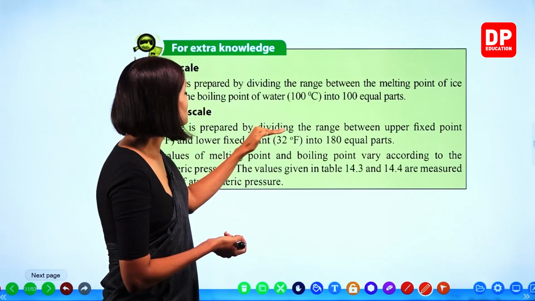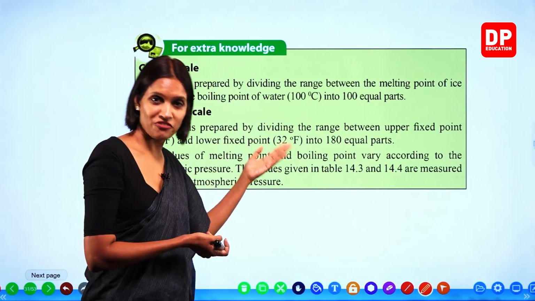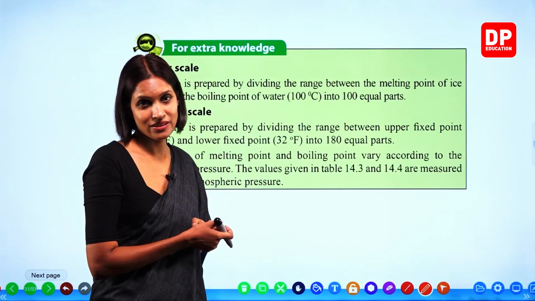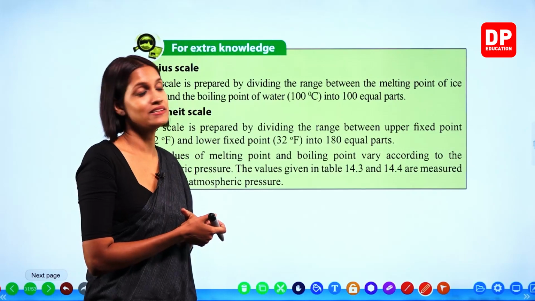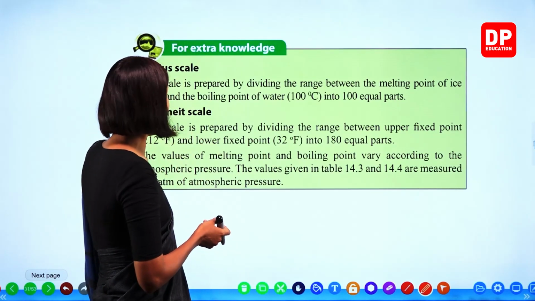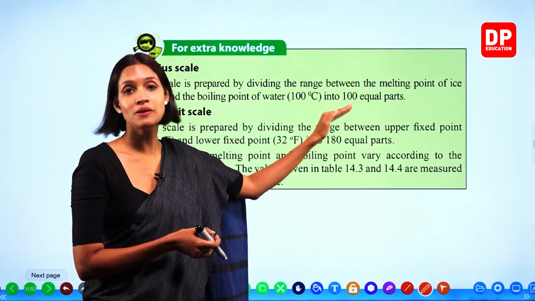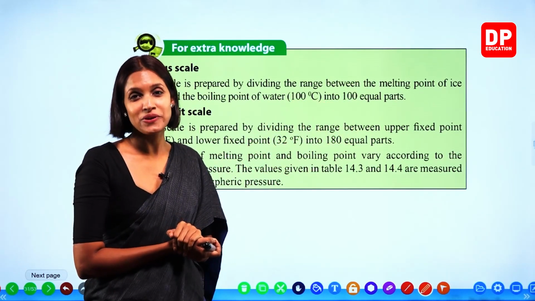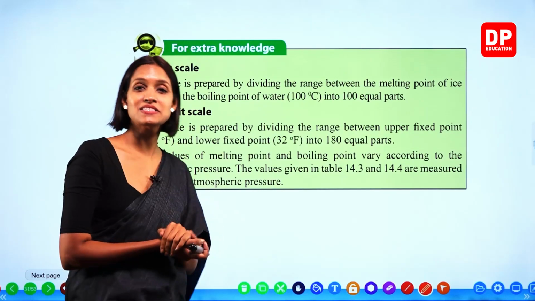Now this 32 degrees Fahrenheit is the melting point of water in Fahrenheit scale. Right, children? Melting point of ice in Fahrenheit scale. So here, this range is divided into 180 equal parts. Okay, children? So that's how we prepare the Celsius and Fahrenheit scales.